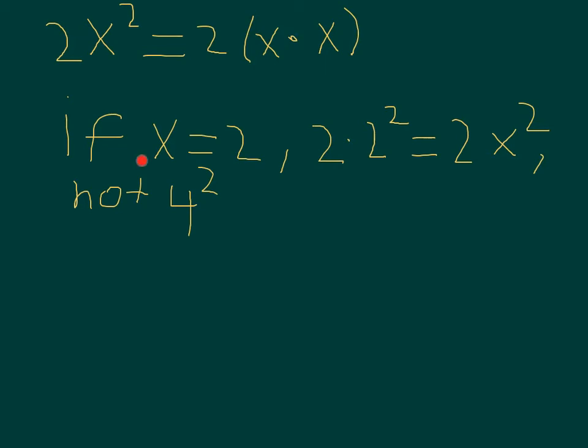If, for instance, x in that equation equaled 2, then you have 2 times 2 squared. But the important thing to note is that you always do the exponent to a number before multiplying it by another number. So the answer wouldn't be 4 squared, it would be 16. It would be 2 times 2 squared, which is 2 times 4, not 4 squared.